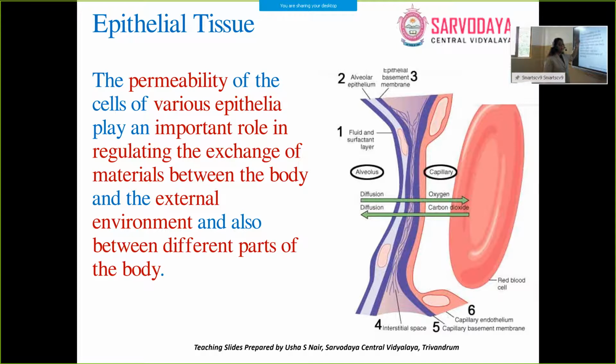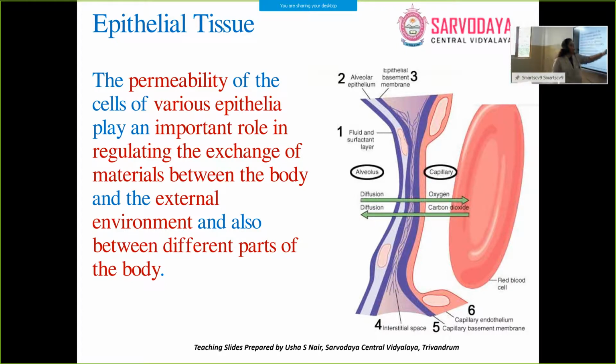The permeability of the cells of various epithelia plays a great role in the exchange of materials between the body and the external environment, and also between different parts of the body.